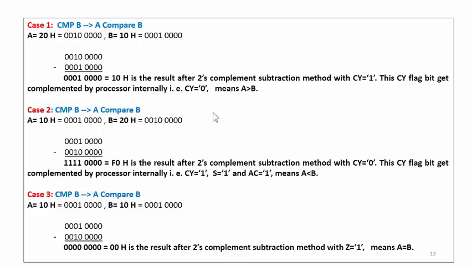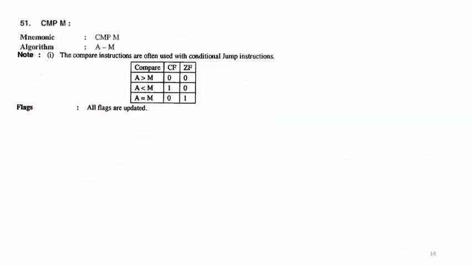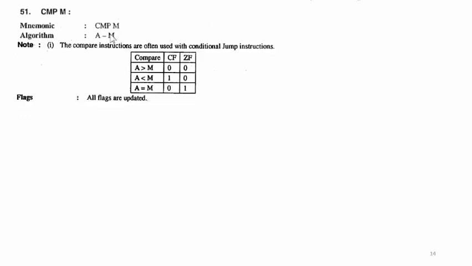As we get the answer 0, you will get zero flag bit 1. Zero flag bit 1 means the accumulator content and B register content are the same. So in this way the comparison operation is performed internally using subtraction, and the result we get through the flag bits.